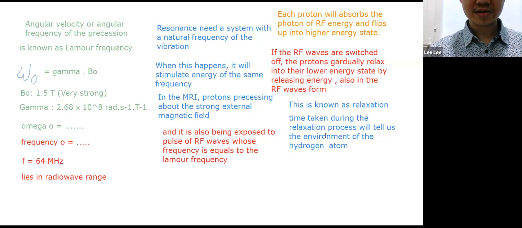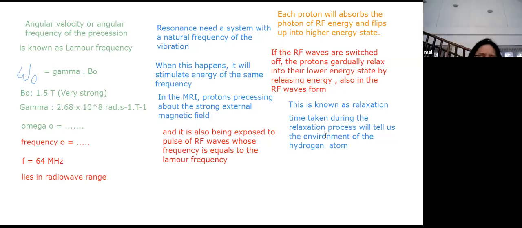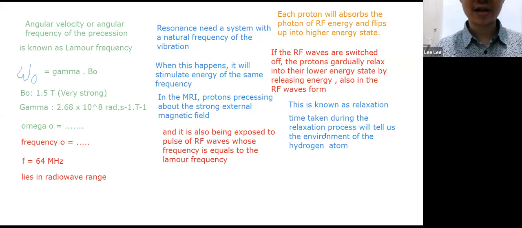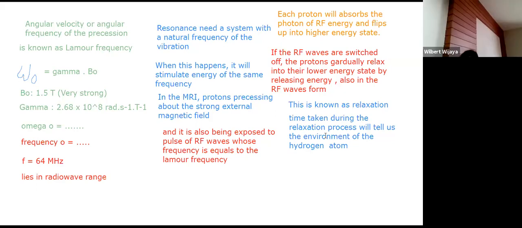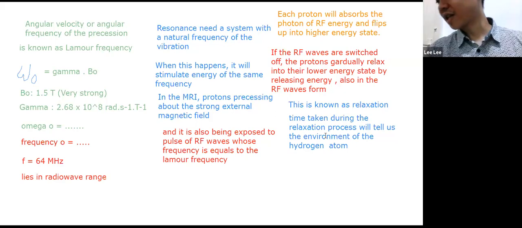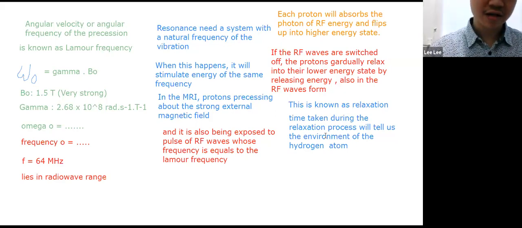Any question until here? What's RF again? Radio frequency. Okay, it's actually radio waves. Sir, if the time is longer, it means the tissue is stronger? Yes, sir. After this, I will give you the time. They already have certain values.